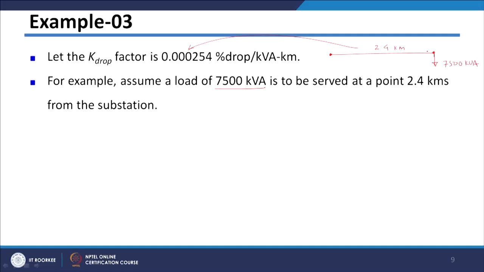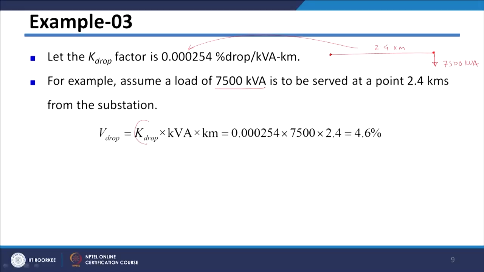So, you can get this voltage drop very easily. It will be your K drop factor multiplied by kVA multiplied by kilometers. So, K drop factor, kVA 7500 and length 2.4 kilometer, which will give me 4.6% of voltage drop.